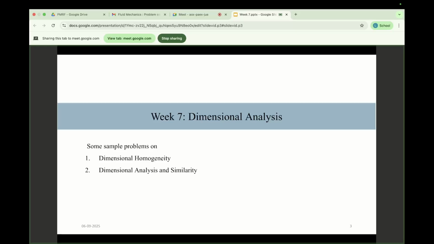Before starting, I will give you a question and ask you to solve it in 1 minute, and after that I will elaborate the concept and the solution in detail. I hope all of you have gone through the weekly course given by Professor Subhashis Datta, and if you have, you will be able to answer this question. If you are not able to, no need to worry because I am here to solve these queries for you.